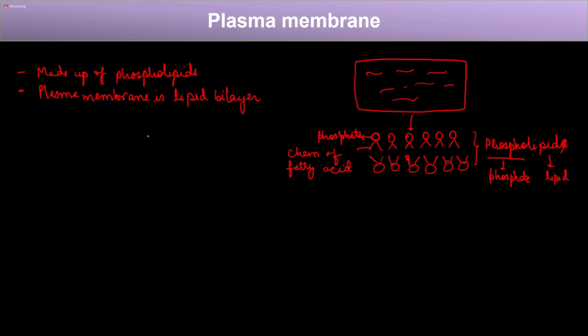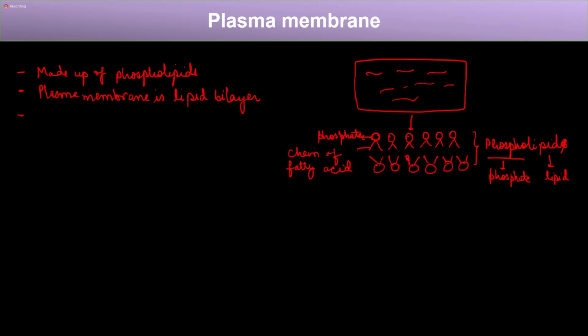Now, what is the role of this plasma membrane? It makes the boundary for the cell. It prevents direct interaction of the outside environment with what is present inside the cell, so it acts as a barrier.